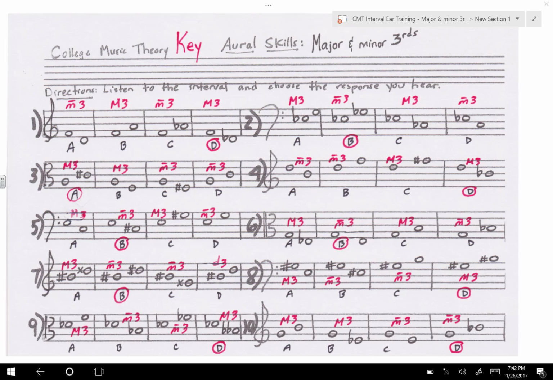If we look at 2C, we have a major third descending, which will sound like mi, do. And 2D, a minor third descending, which will sound like me, do, or it could sound like sol, mi.